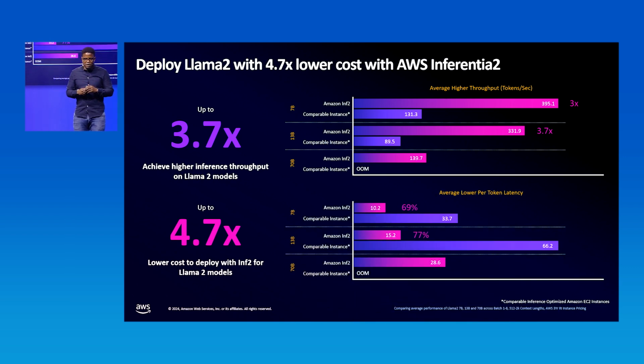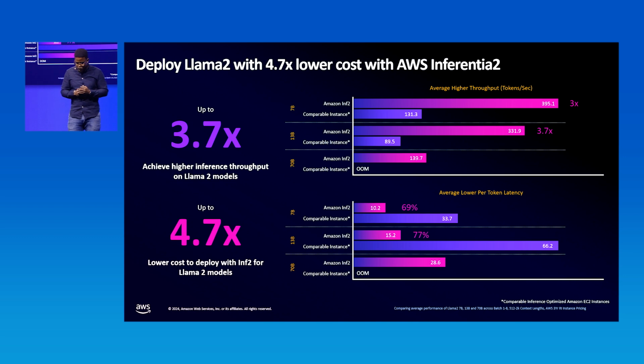You might want to optimize your AI workload for reduced latency, and the latency is the amount of time taken to generate each token. This is critical for your real-time applications, such as chatbots and interactive assistants. For this, on the Llama 2 7B, we were able to reduce the latency by 69% versus comparable EC2 instances, from 33 milliseconds to 10.2 milliseconds on the Inferentia.